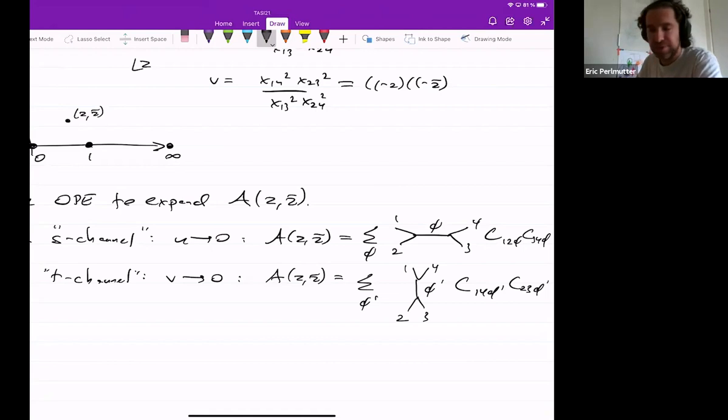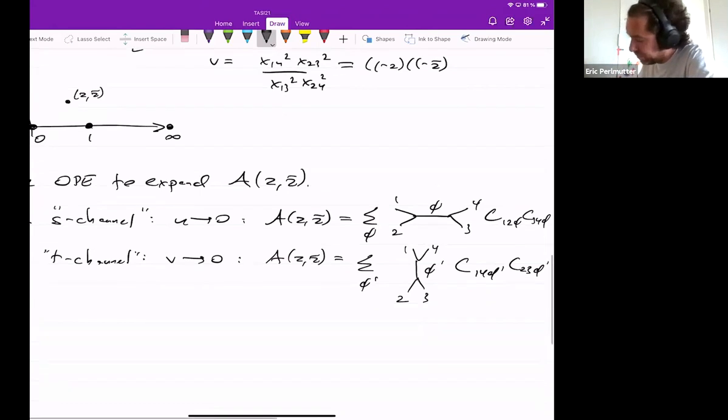There's also a U-channel expansion around Z equals infinity. That's important for various things, but we won't need to talk about that today. So far I've written this as a sum over whatever operators appear in these OPEs, but we can use conformal symmetry even more to package the redundancy of conformal symmetry into what are called conformal blocks.